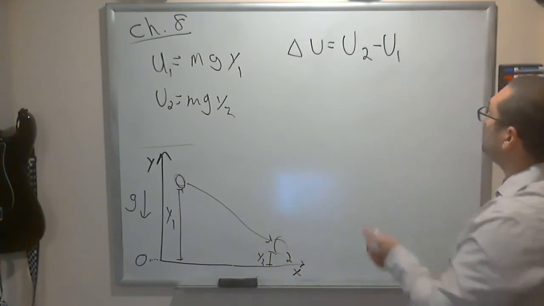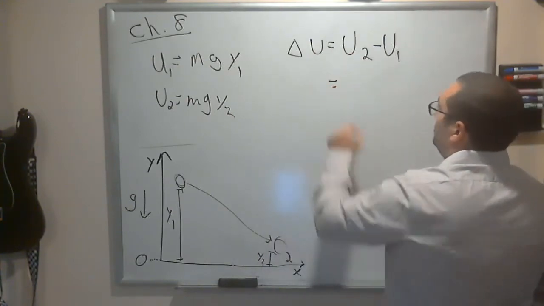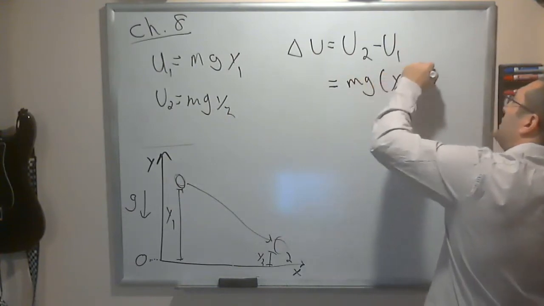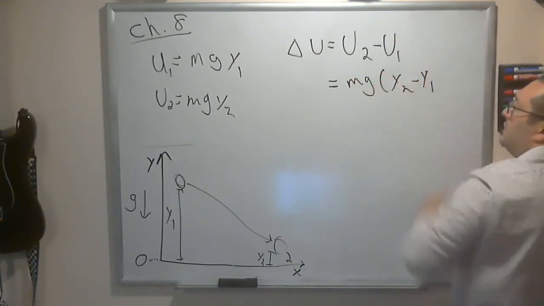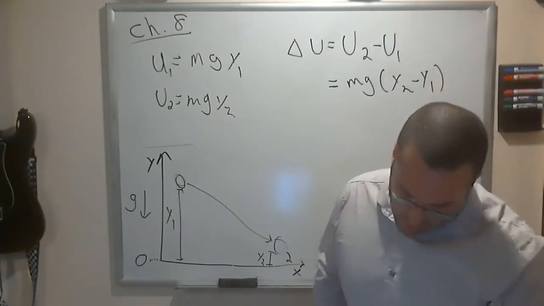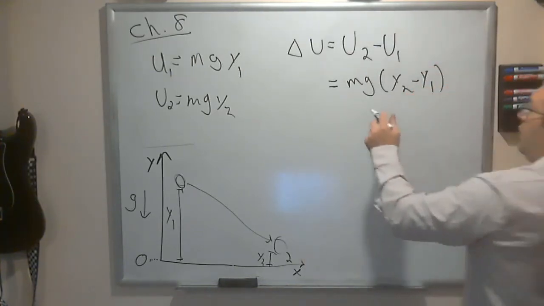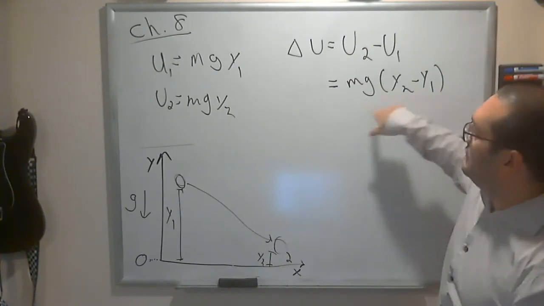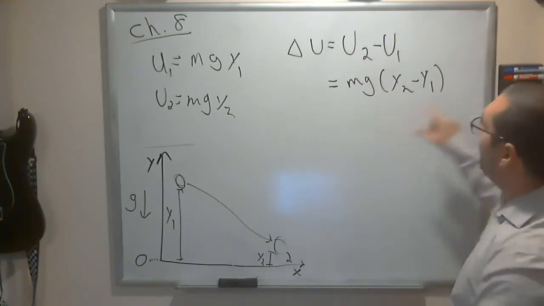And so then we get this equation, y1 minus y2. Right now, if you look at it, this would be negative, because y2 is smaller than y1.